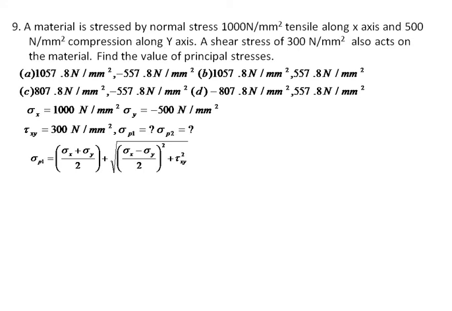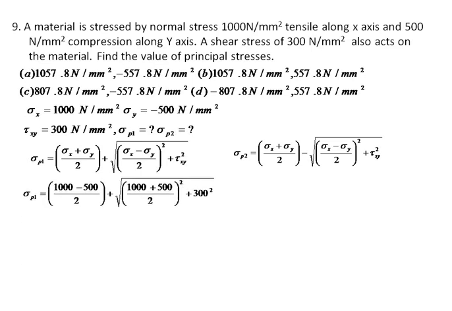These are the formulas relating sigma p1 to sigma x, sigma y and tau xy. Sigma p1 is equal to (sigma x plus sigma y) by 2 plus the square root of ((sigma x minus sigma y) by 2) the whole squared plus tau xy the whole squared. Similarly, the formula for sigma p2 has a negative sign before the square root.